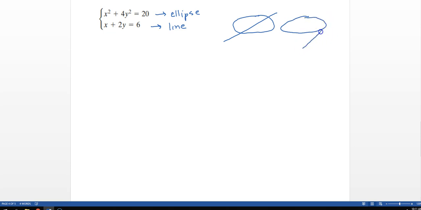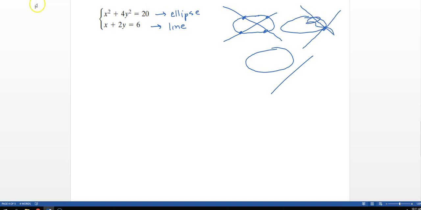It could be this. Or even this entirely. It looks like the slope is negative, so just picture a negative slope here, negative slope here.